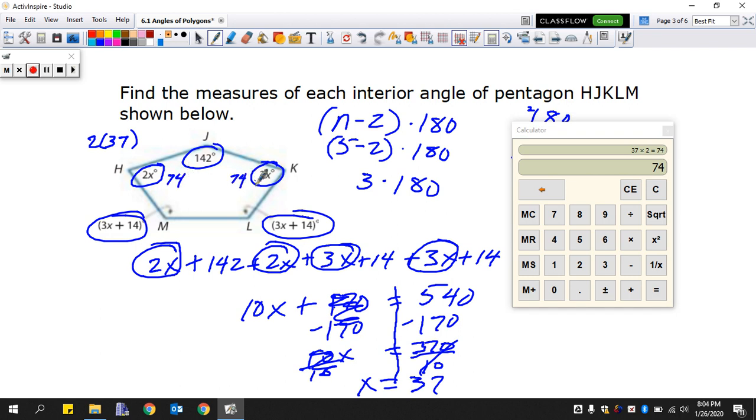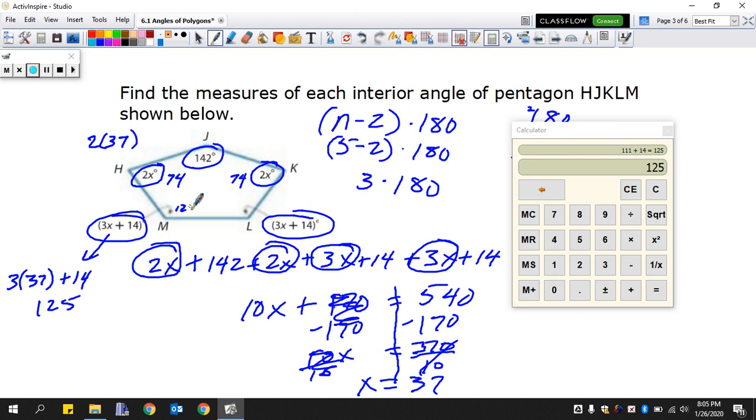Okay, we have 3x plus 14. So that's 3 times 37 plus 14. Three times 37 is 111 plus 14, 125. Okay, so this is 125.